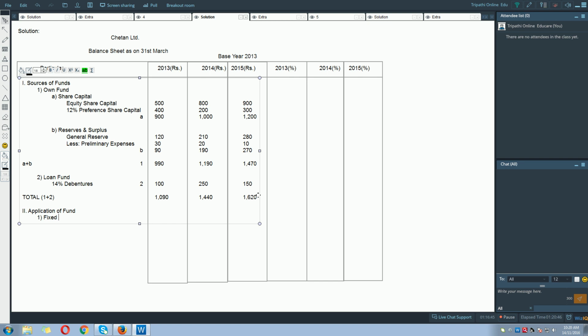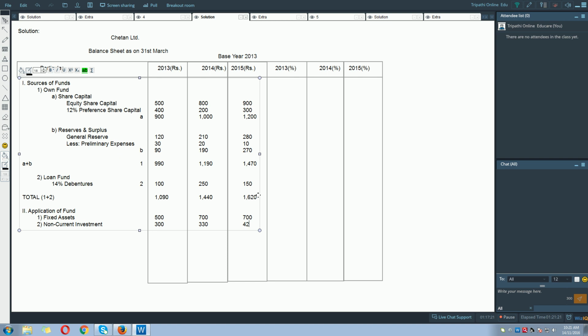Now let us calculate the total, which is 1 plus 2. So in first year it will be 1090. Second year it will be 1190 plus 250, 1440.